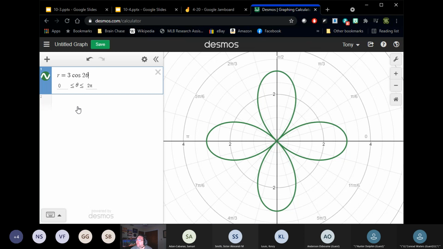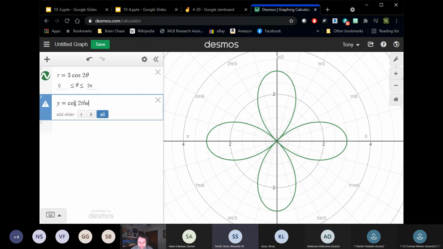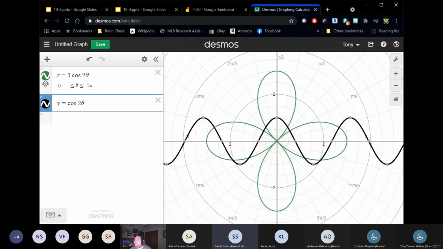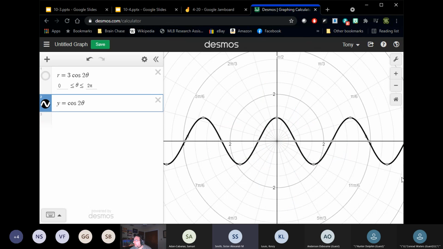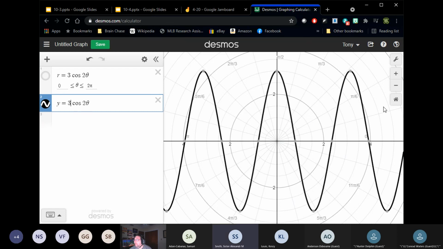So if we were to look at this graph in terms of just the x and the y, if we looked at y equals cosine 2 theta. So if we were to look at this graph right here, this is just y equals 2 cosine theta. No, let me do 3.